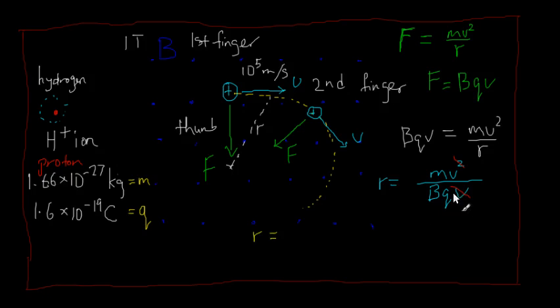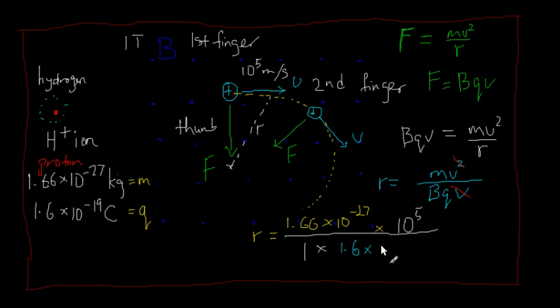R is equal to m, which is 1.66 times 10 to the power of minus 27, times v. v there is 10 to the power of 5 meters per second, divided by B, which is the 1 Tesla, and q is here, 1.6 times 10 to the power of minus 19. Okay, so what's the answer?